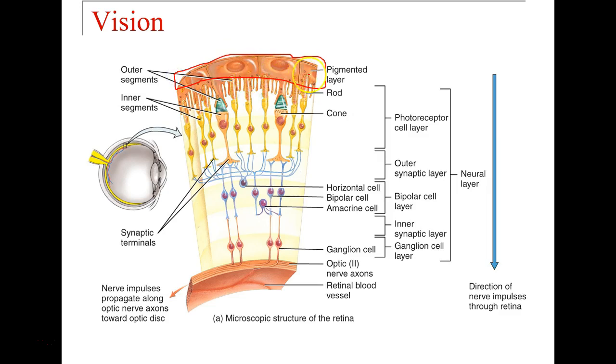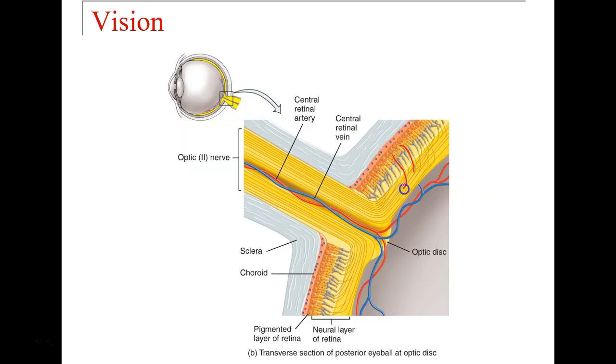Light hits this pigmented layer, synapses with the rods and cones. They go through bipolar cells onto the ganglion cells. The axons of ganglion cells move towards the optic disc, creating the optic nerve. Here you can see all these ganglion cells producing that optic nerve.